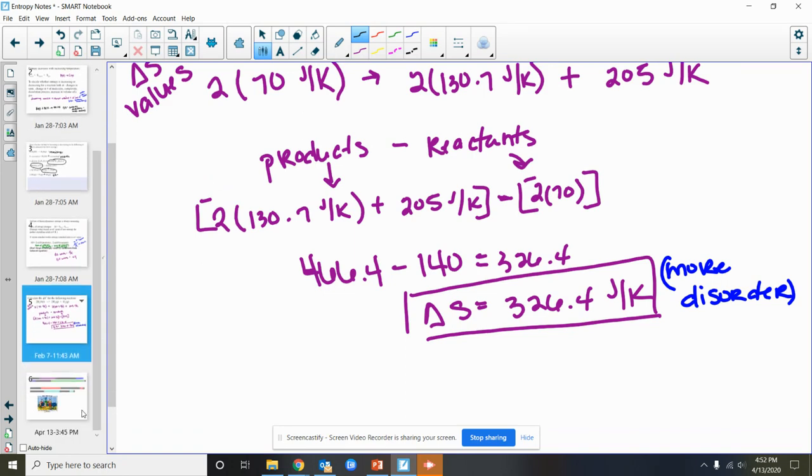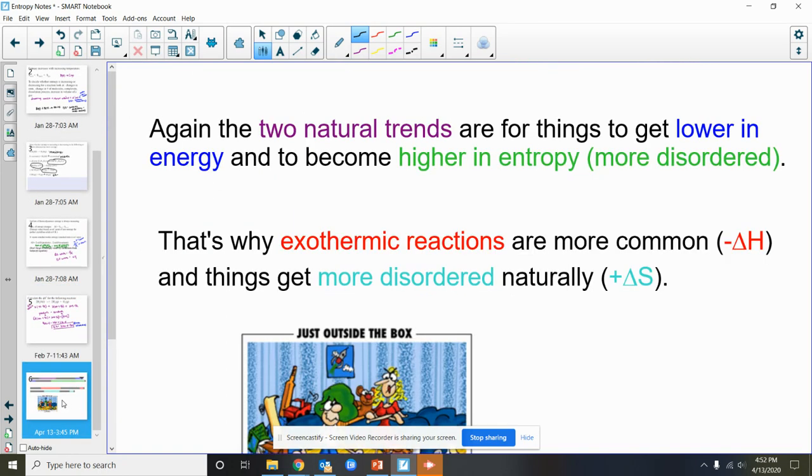To wrap up, there are 2 natural trends I want you to keep in mind: for nature, the universe in general, it is natural for things to get lower in energy and to become higher in entropy. So low in energy, more disordered. Always think about your room or your locker or your car, whatever you live in the most.